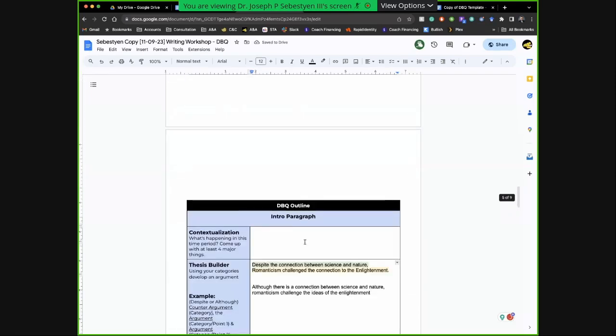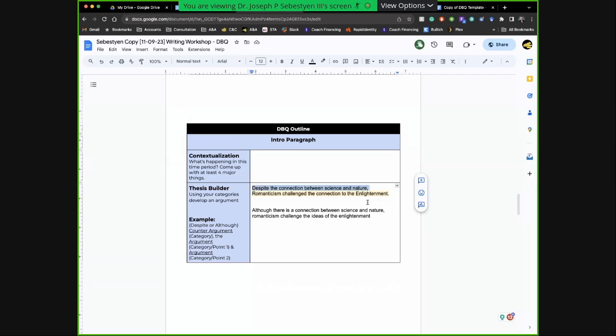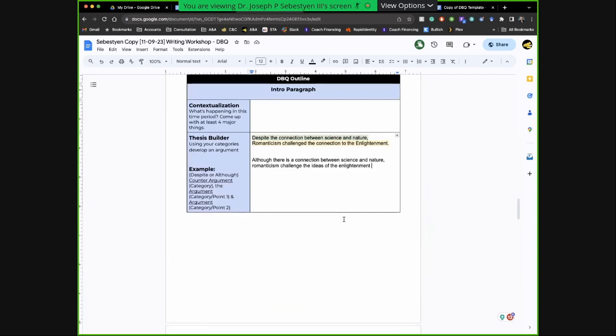So for the first part, we could say despite the connection, we can write it. You could go the other way too, right? Through a mutual appreciation for... so although there are connections between science and nature, it's challenging ideas of... So how would we write this?